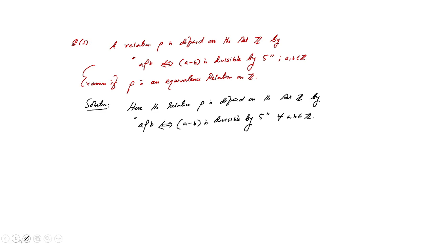First we will prove whether it is reflexive or not, then symmetric or not, and after that we will prove transitive or not. So the first one is about reflexive.